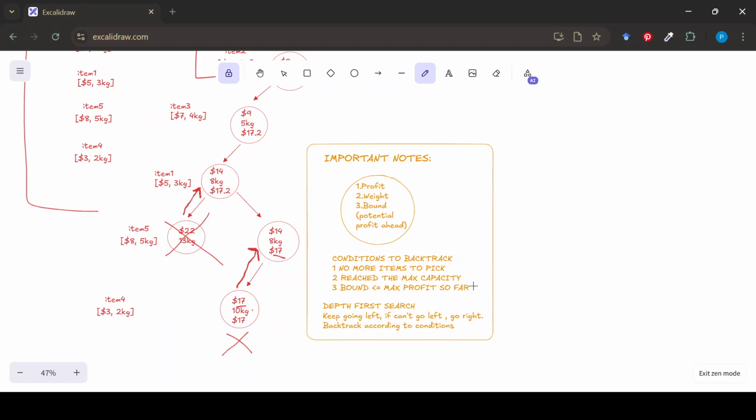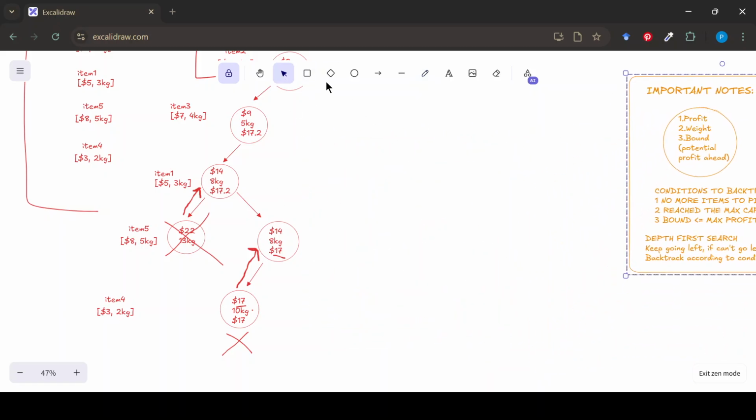So we can backtrack. There's no need to continue down this path because our third condition is satisfied. And once we come here, there are no more directions to go from this node. So backtrack.